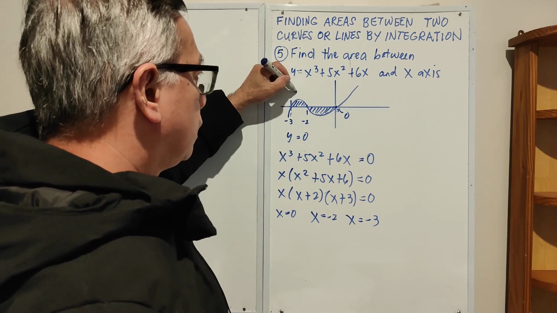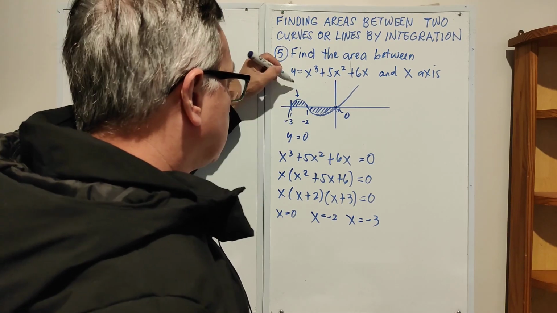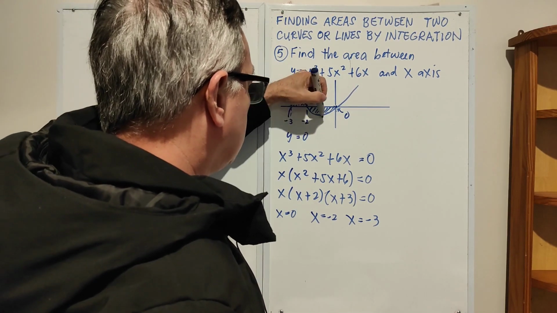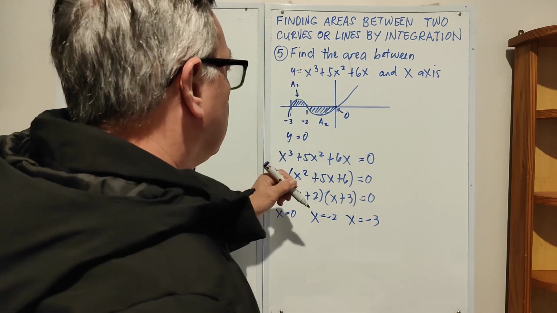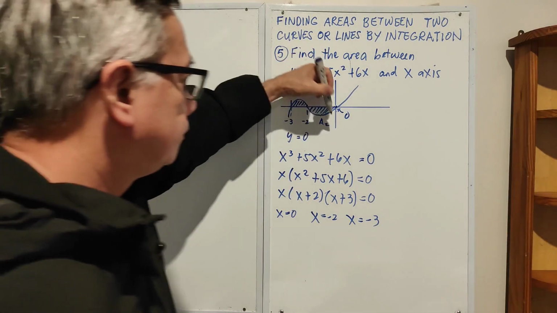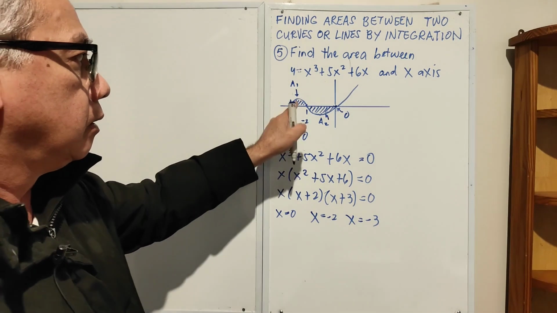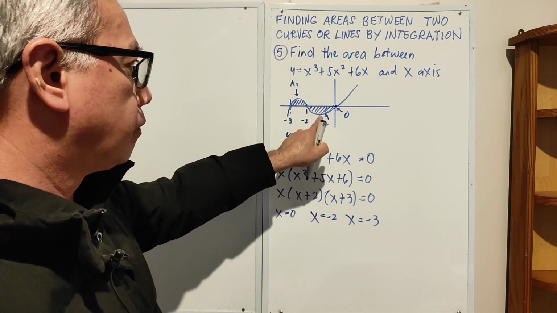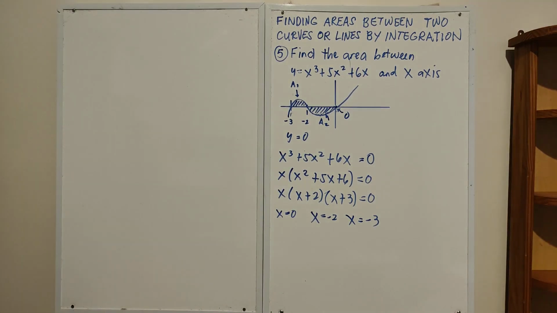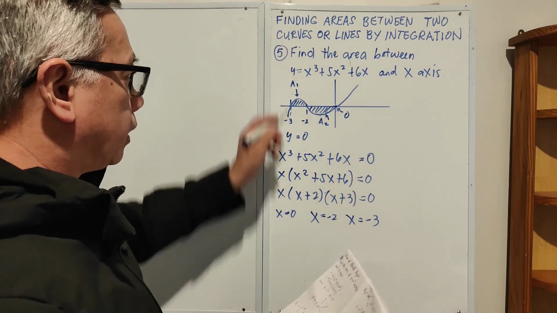So we need to get the areas separately. This is area 1, this is area 2. We have to find the area of this one first, and then the area of this one, and then we can add.